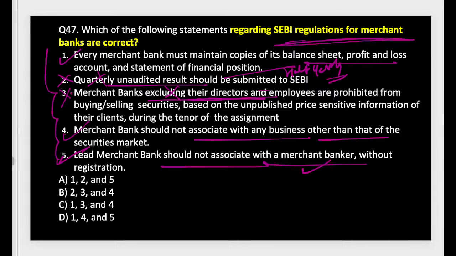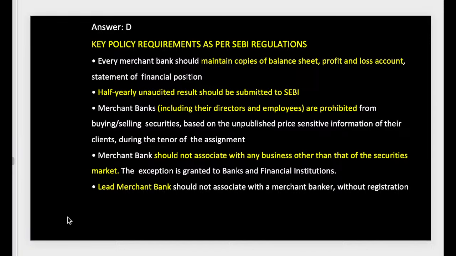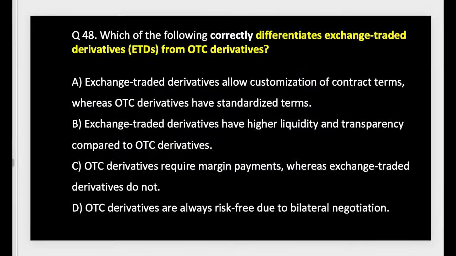This is also true. So 1, 4, 5 means D should be the right answer for this one. So D, half yearly unaudited results should be submitted to SEBI. That is the rule here. Not quarterly, it is half yearly. I guess most of the people went wrong with that statement.